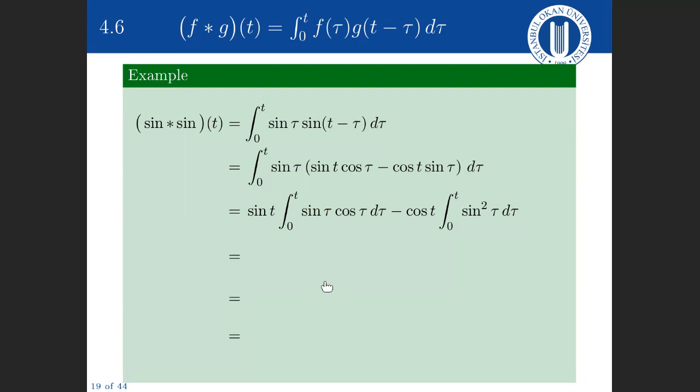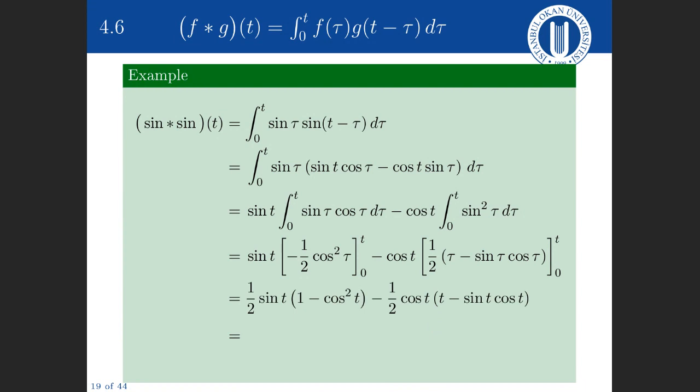Or sine t multiplied by the integral of sine tau cos tau minus cos t, integral of sine squared tau d tau. We know how to calculate these from first year calculus, so let me just skip through this calculation. And then we simplify. We get a half sine t minus t over 2 cos t.